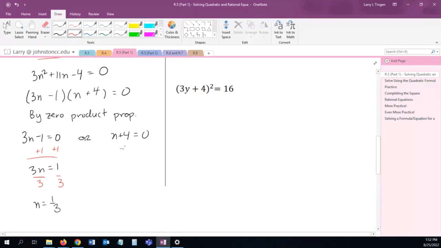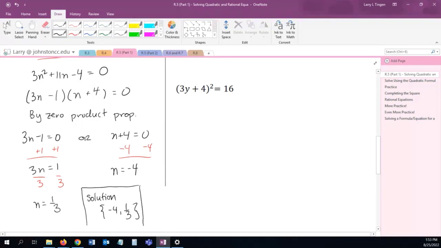Or subtract 4, subtract 4. N is negative 4. So my solution set contains two answers, negative 4 and positive 1/3.